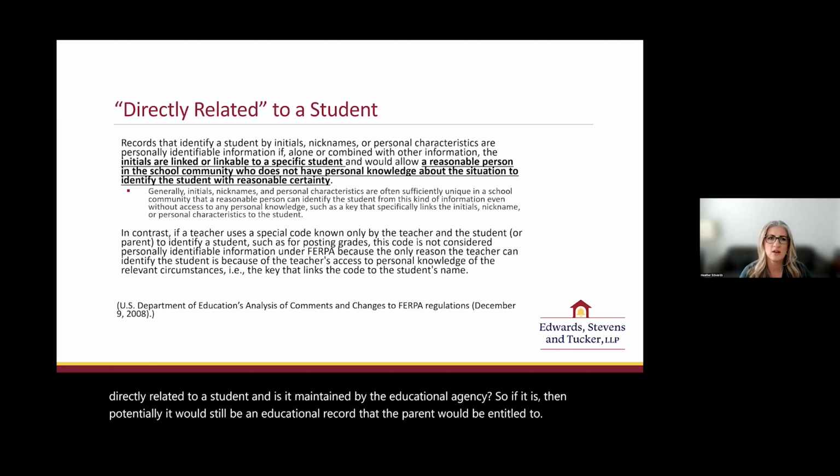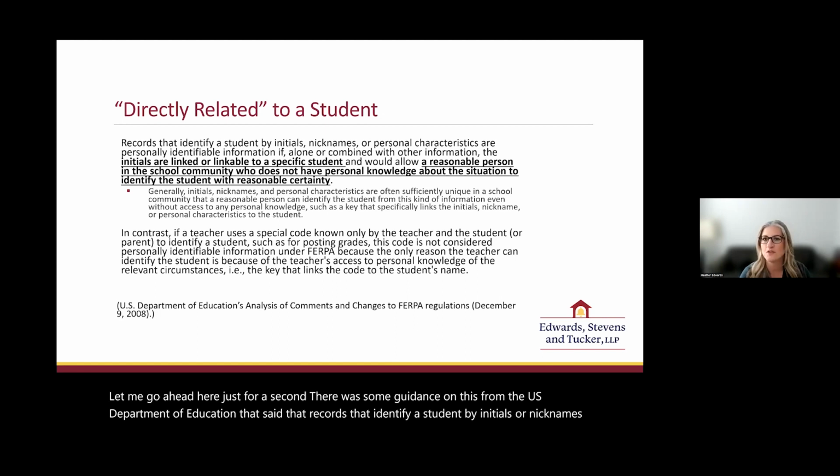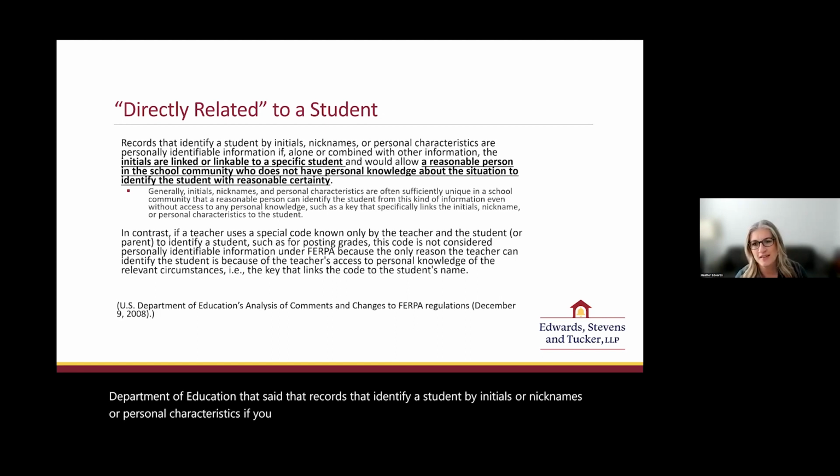There was some guidance on this from the U.S. Department of Education that said that records that identify a student by initials or nicknames or personal characteristics, you know, if you said, that one student that we have in that one class, but you're not actually using their name.